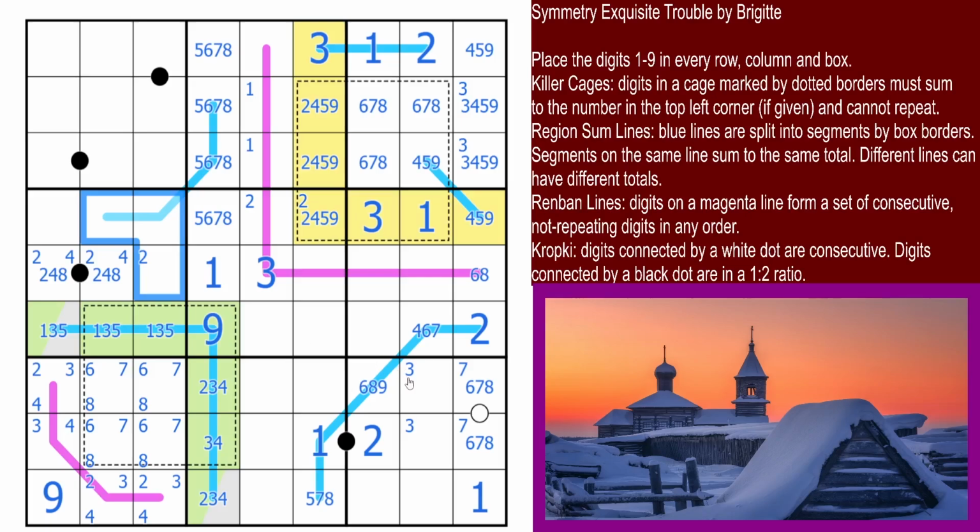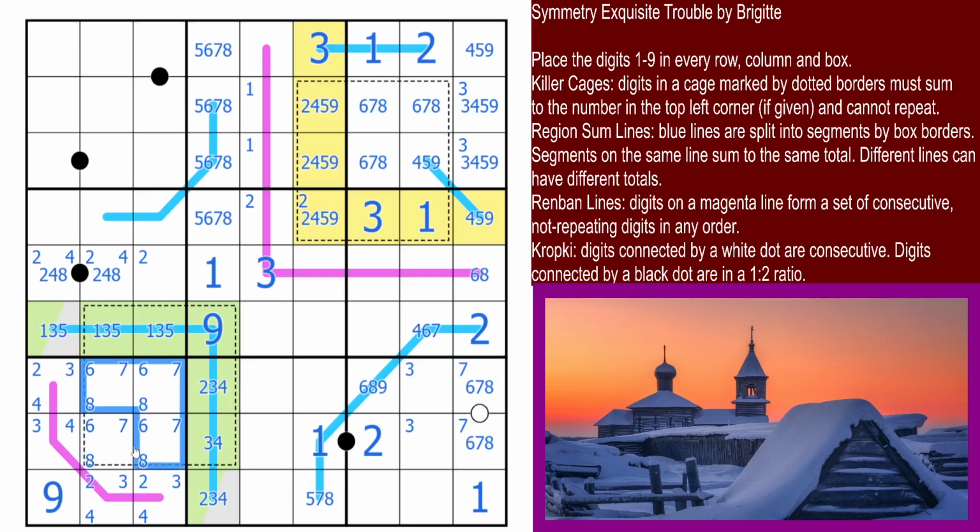Now, 7 is here, right? 6, 8, 9. See, 7 has to be here, right? This is some kind of extreme here.